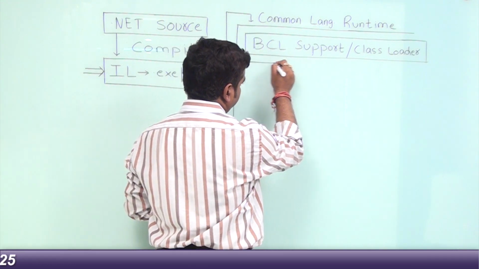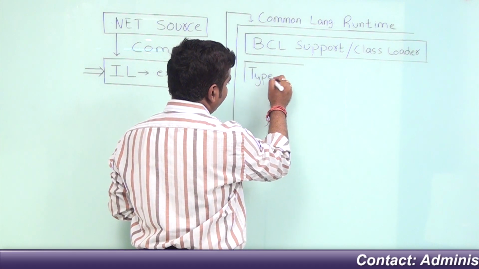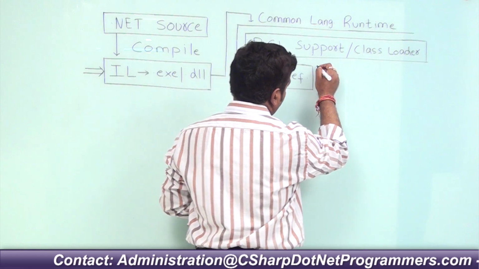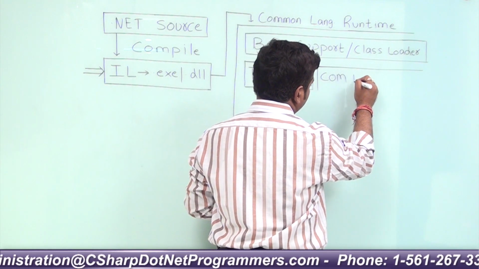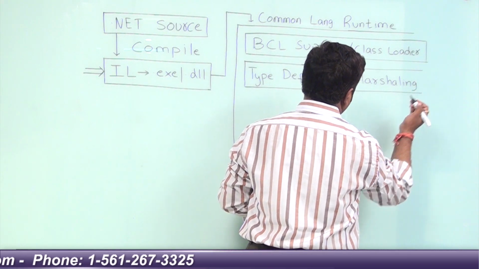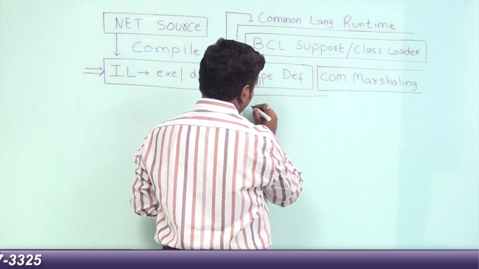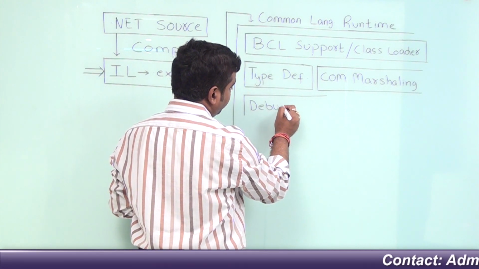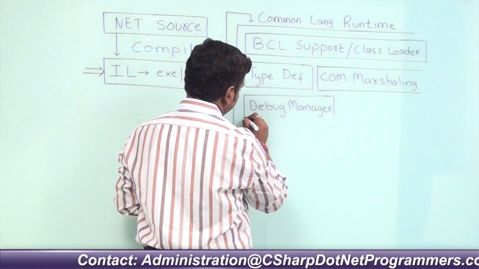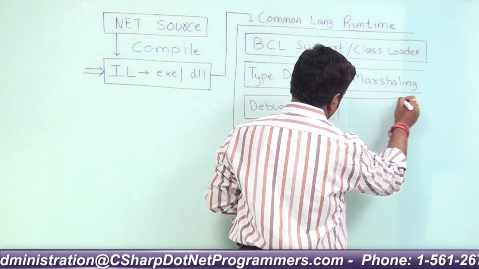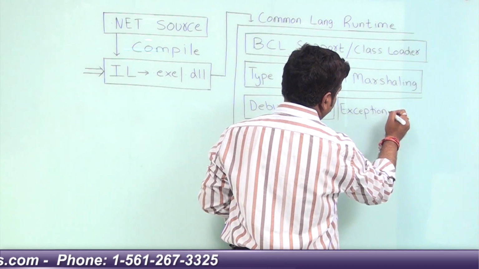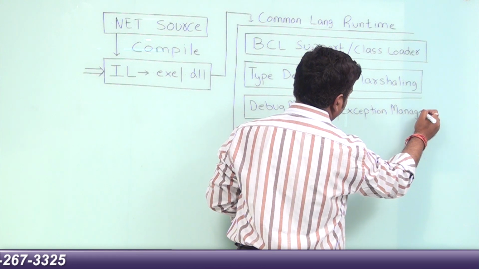It consists of type definitions, a resource called COM marshalling, and some resources to support exception handling, something like debug manager, and something called exception manager.